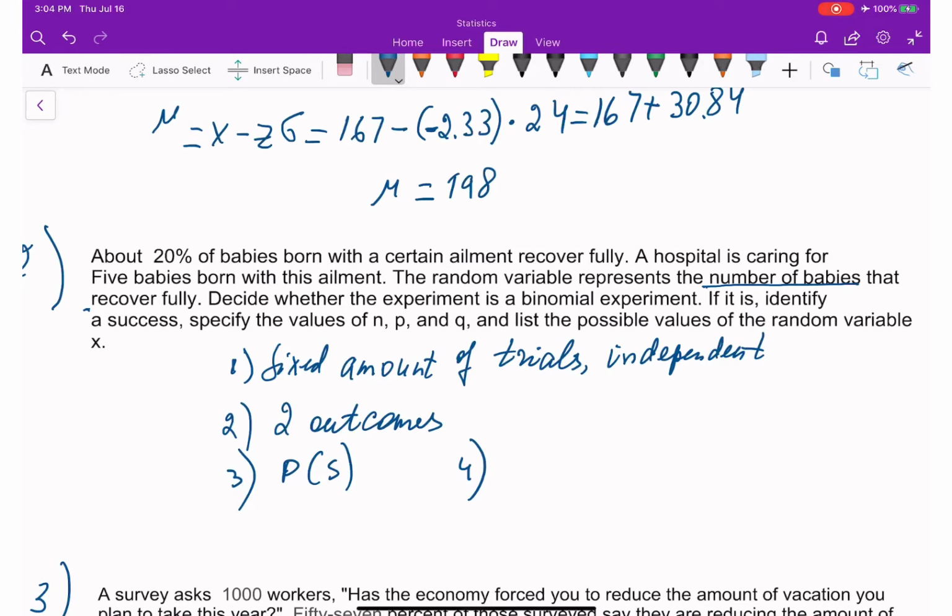Here it is. 20% of babies with a certain ailment recover fully, so x counts the successful trials. So it is a binomial experiment.